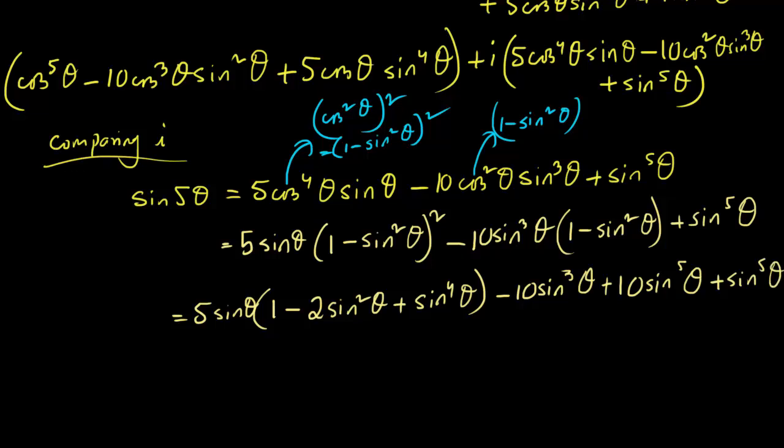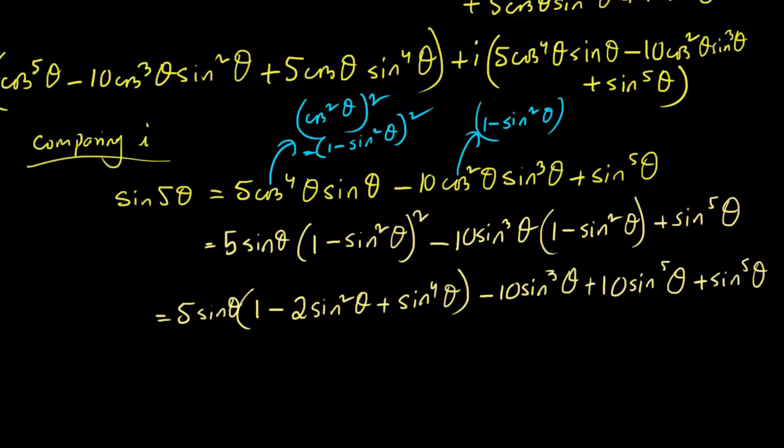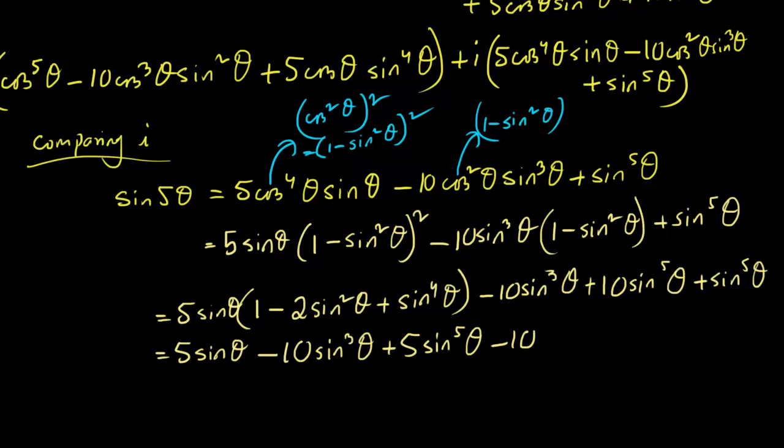So let's see how it turns out to be. So we have 5 sin θ into 1, minus 10 sin cubed θ plus 5 sin to the power 5 θ, minus 10 sin cubed θ plus 10 sin to the power 5 θ plus sin to the power 5 θ.